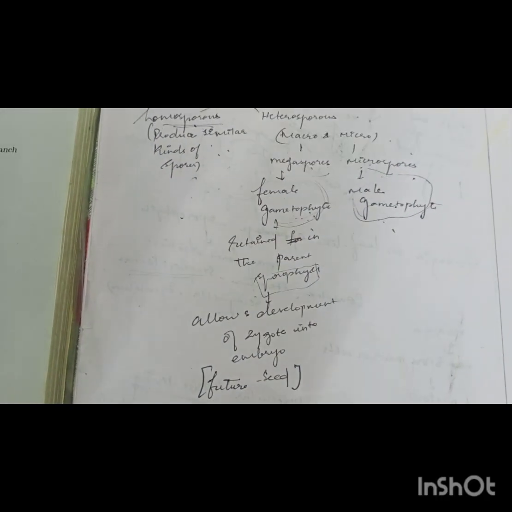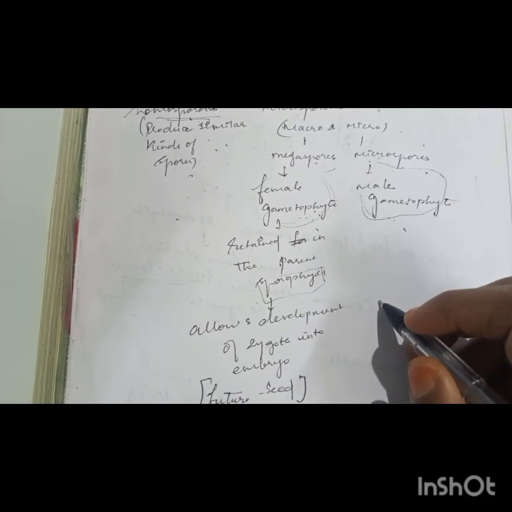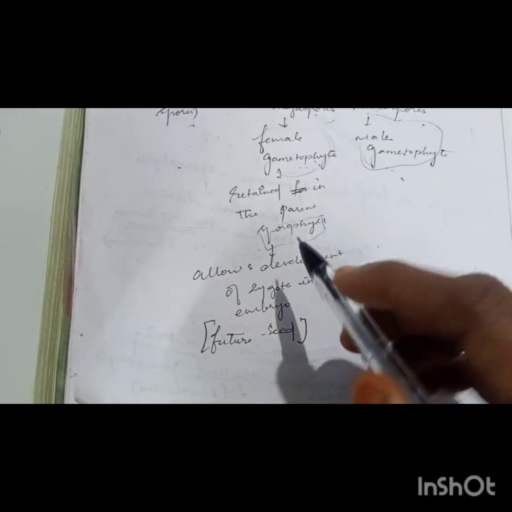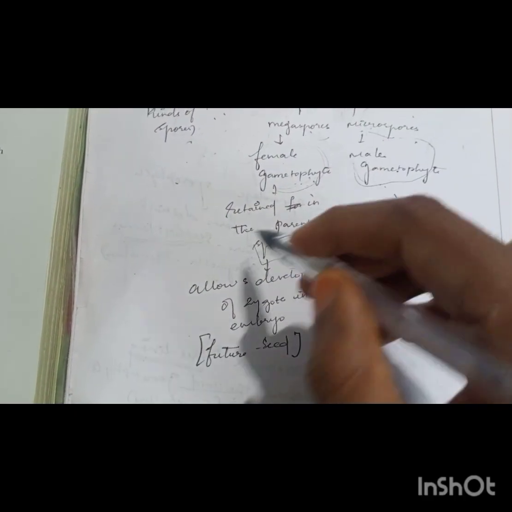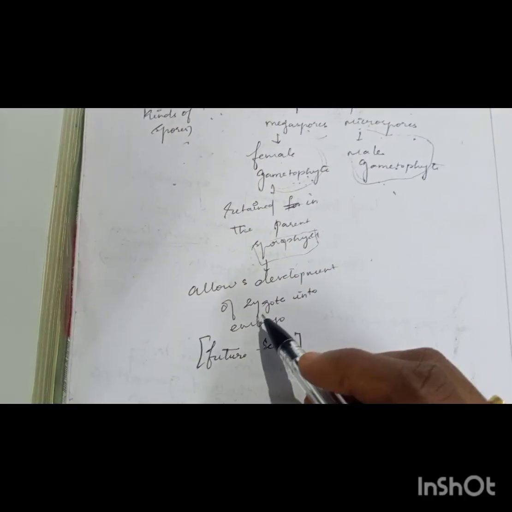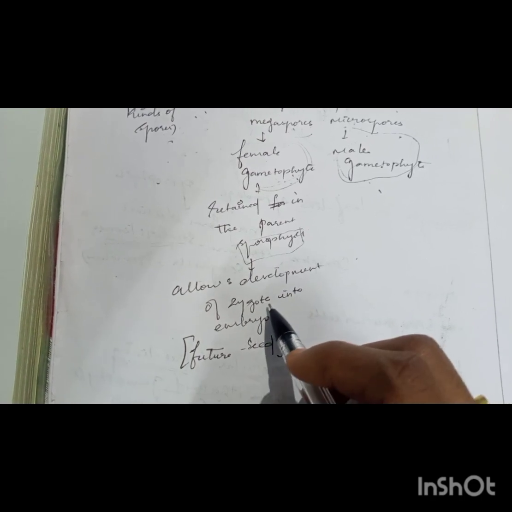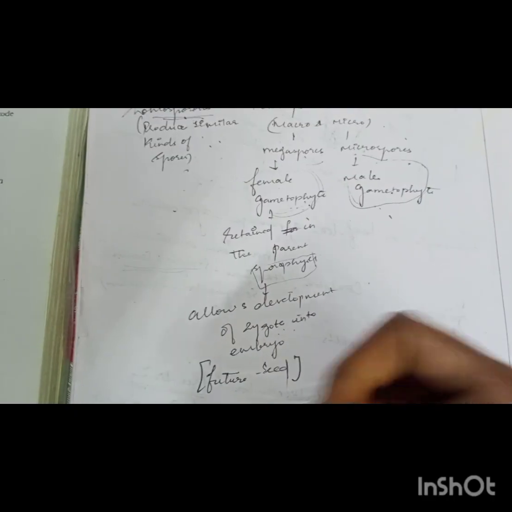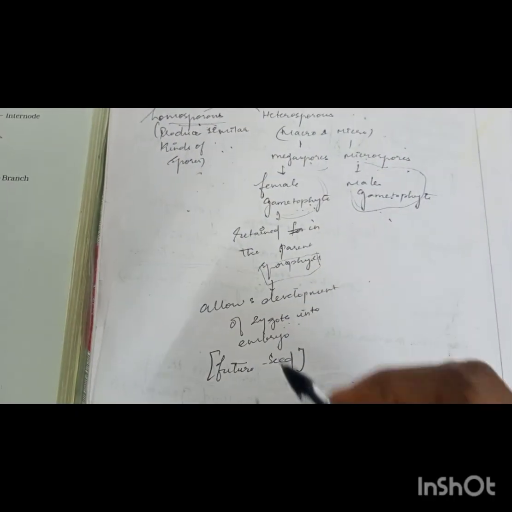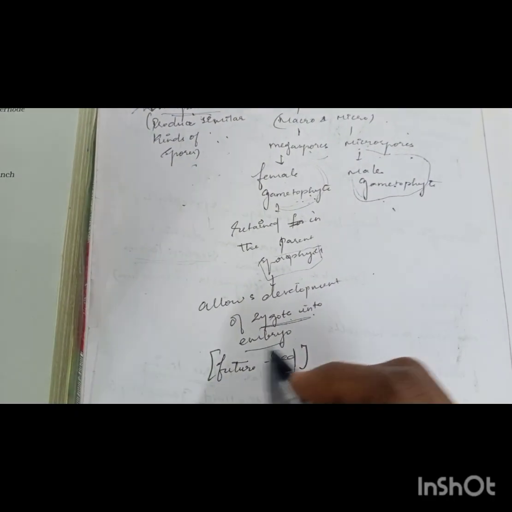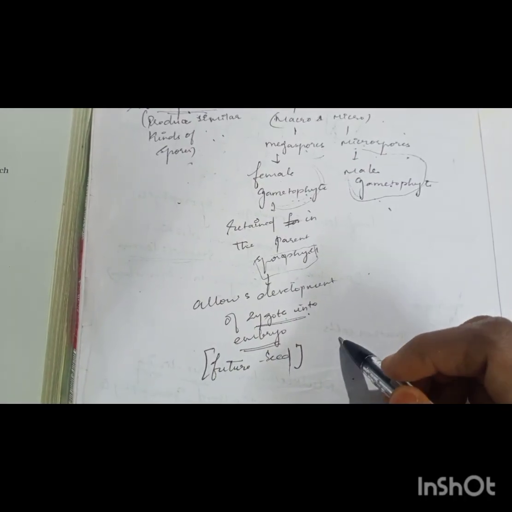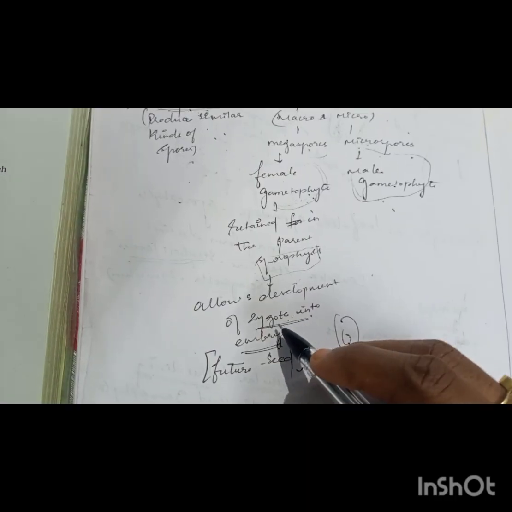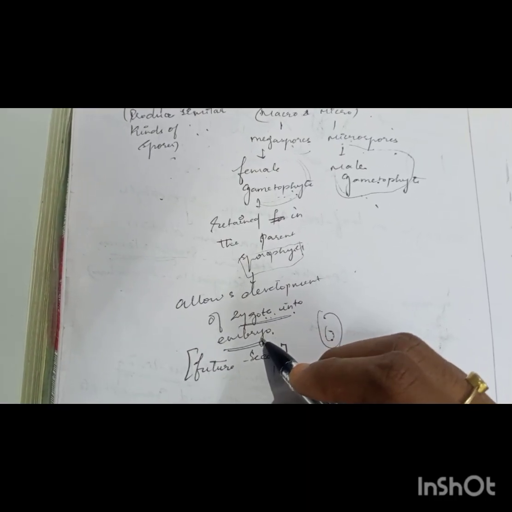So the female gametophyte will be inside the parent sporophyll, because this retention provides a favorable condition for the growth of the zygote into an embryo, which will develop into the sporophyte. This is the precursor stage. Nowadays we can see the seed is present inside the fruit. So here also the zygote is developing into an embryo.